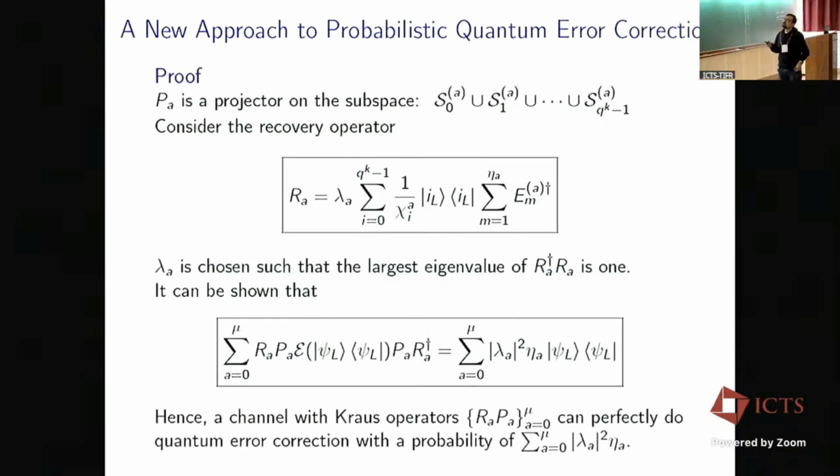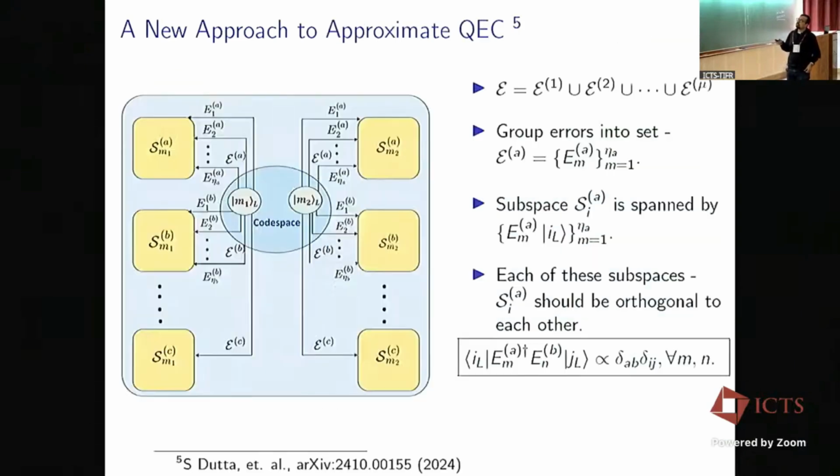Now we construct a projector P_A, which is a projector on all these code spaces. For example, here, this group ε_A will take this code space here and here, so the conjugate union of these two. So P_A will map here and here.